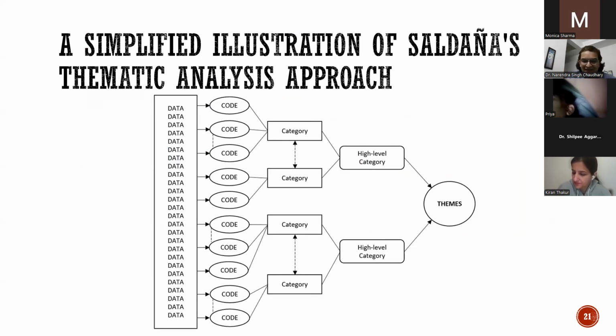I have data. I do the open coding initially. Now you can see that the three codes are getting merged into one particular category. The two codes are then getting merged into a second category. So now tell me, in this particular example, how many codes are there largely if you just look at initially?